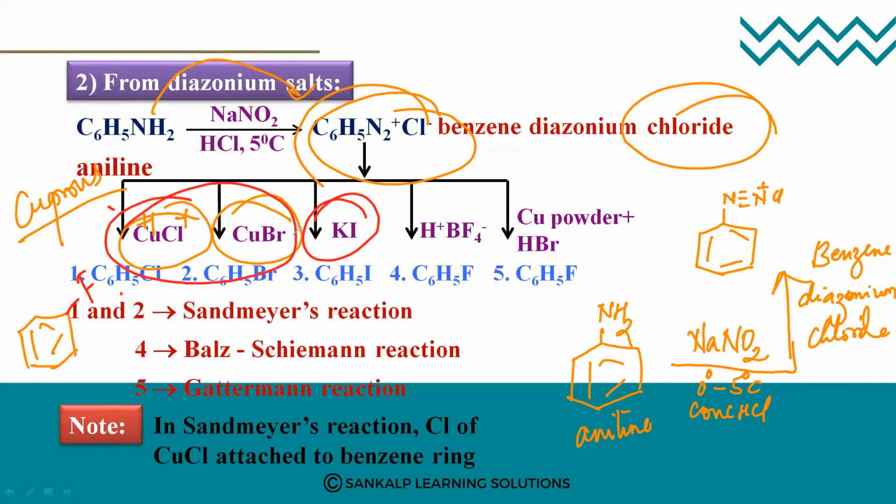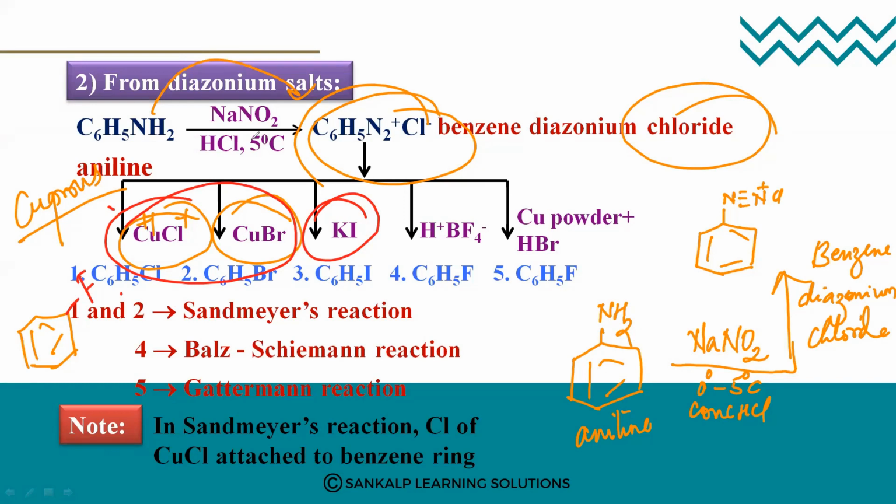So the starting product is aniline. You treat it with sodium nitrite at 0 to 5 degrees Celsius in the presence of concentrated HCl, and it is converted into benzene diazonium chloride. When you treat it with cuprous chloride, you obtain chlorobenzene. If you treat it with cuprous bromide, you obtain bromobenzene.